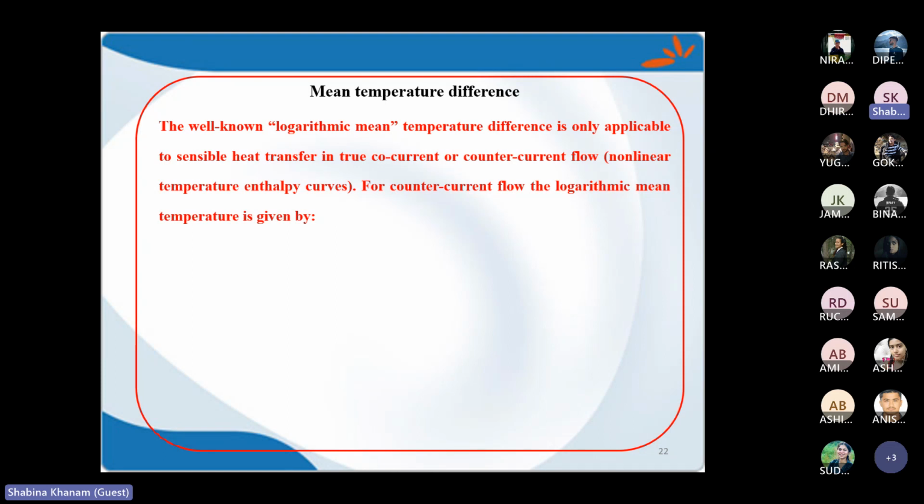Why LMTD? Because, as you already know, from inlet to outlet the temperature varies continuously, and in most cases that variation is not linear, it is non-linear. To counter that, we consider the log mean temperature difference, not the arithmetic mean.